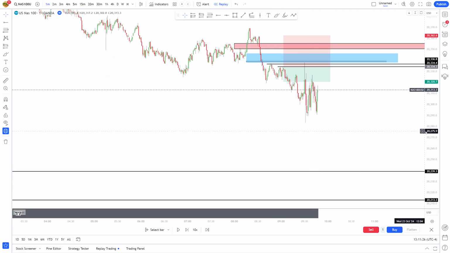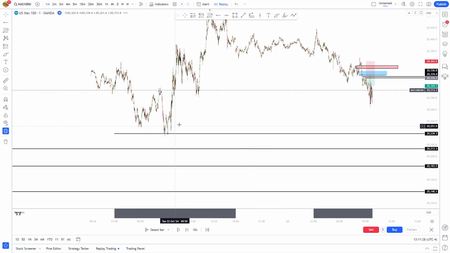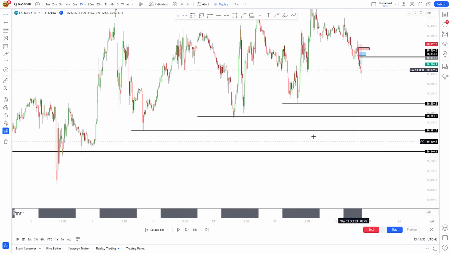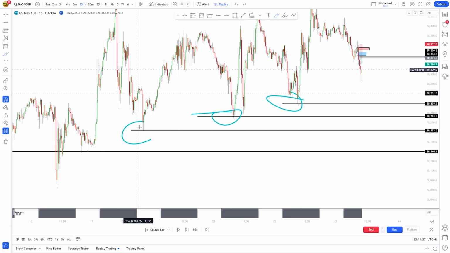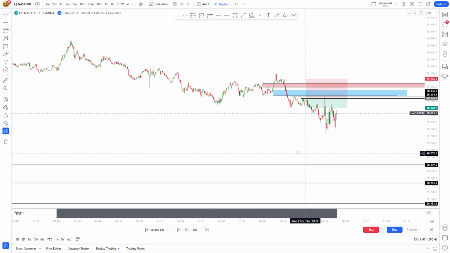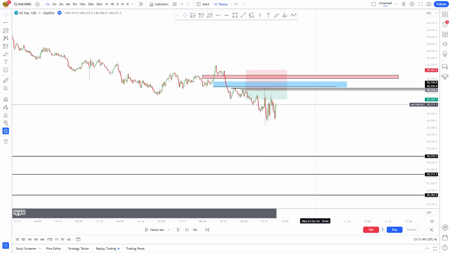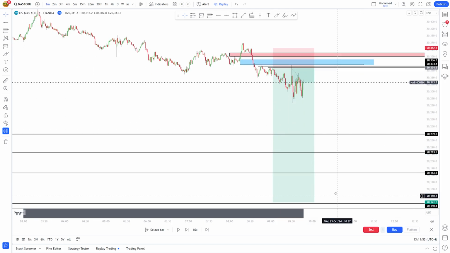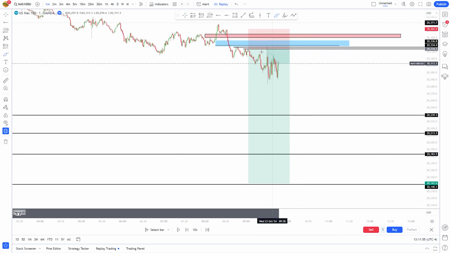Now once we're in a filled position, we can look at targets, which have already been outlined. Back on a 15-minute chart, targets would be here, here, here. While we're in a trade and trading this live, we're unsure of how deep it's going to go. We could have the overall target all the way down here, but it is important to take partials at these levels, right?